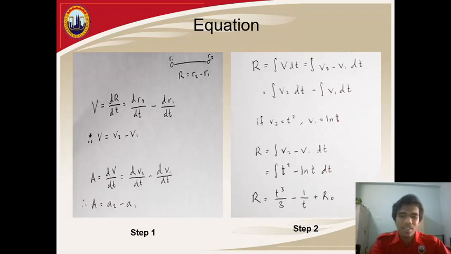I guess this is the second step. The r is equal to the integral of v over dt. So you know that v from the previous is also equal to v2 minus v1. So in the case of the integral, we simplify it just like this.